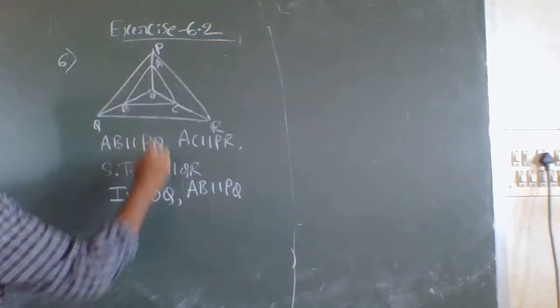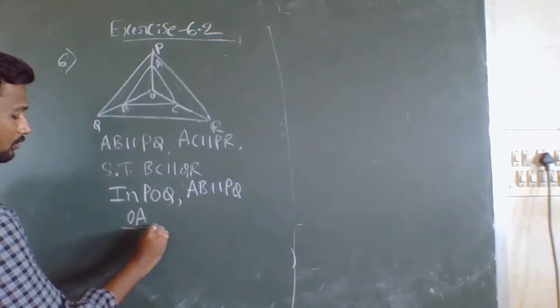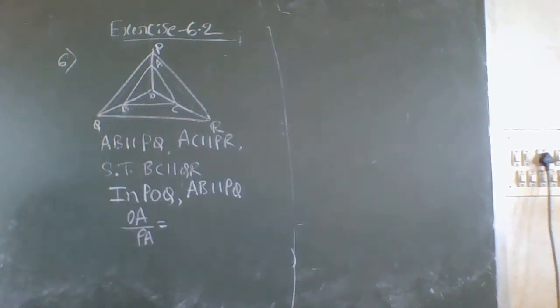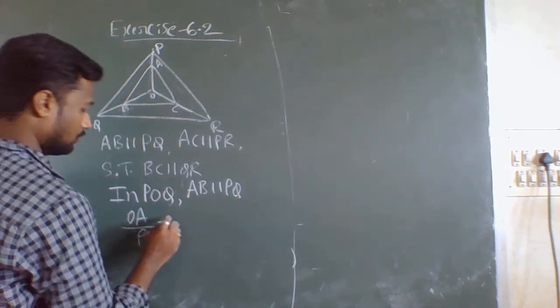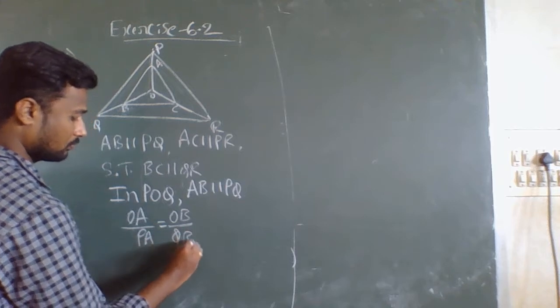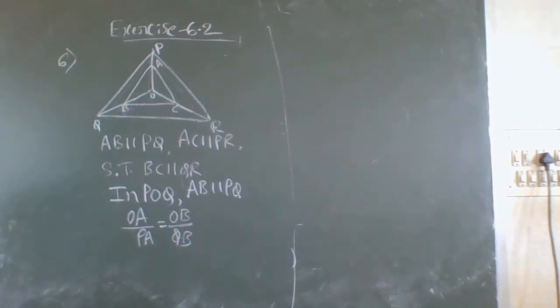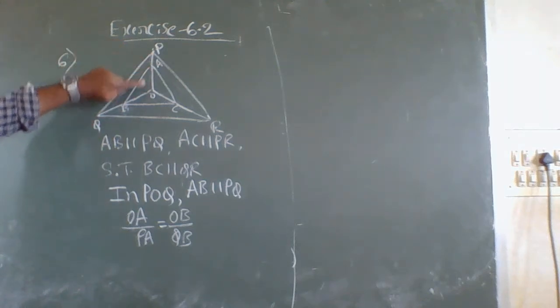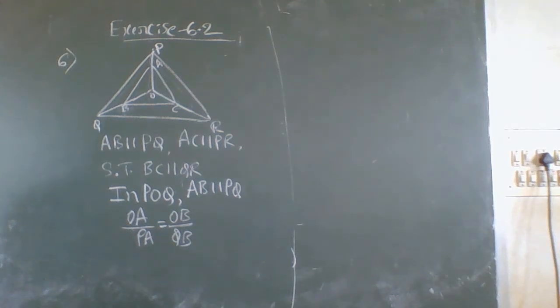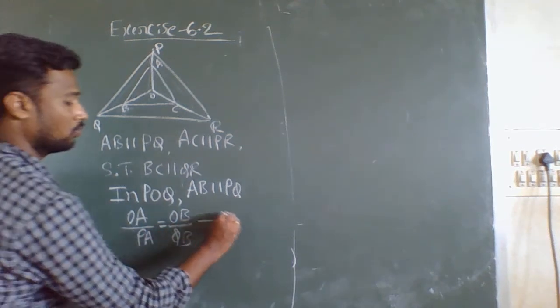OA by PA is equal to OB by QB. Here, OB by QB. So OA by PA equals OB by QB. Now I will consider this as 1.